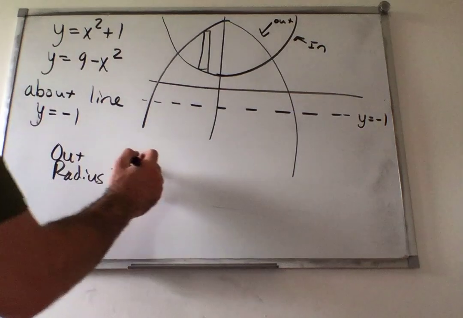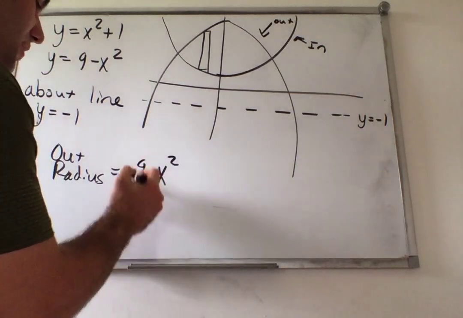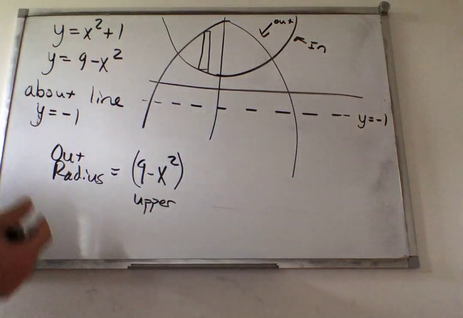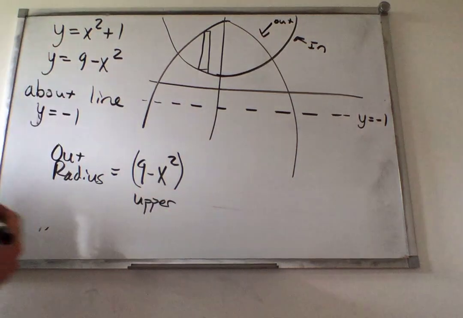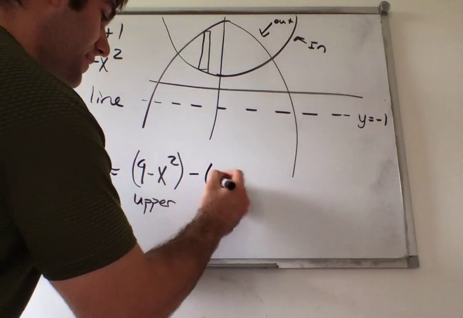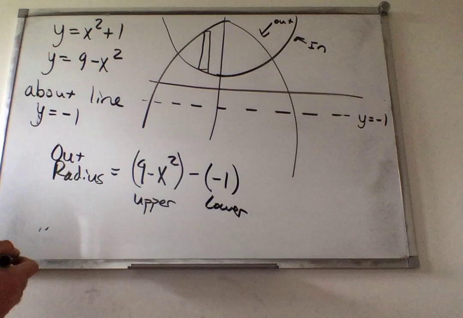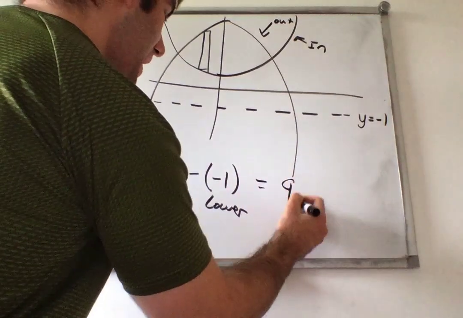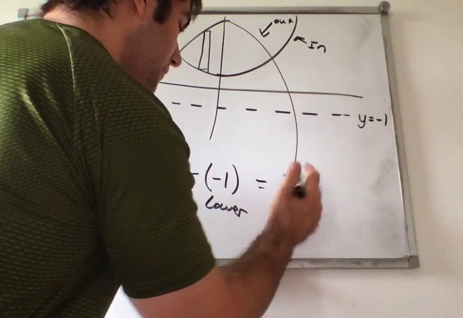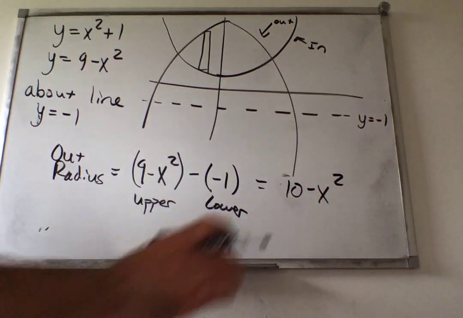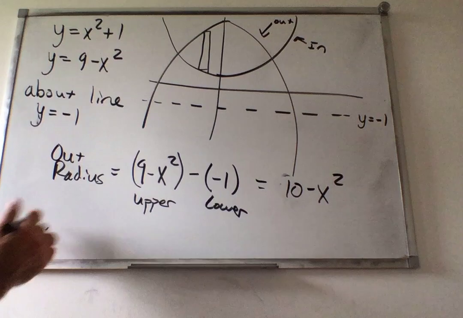So the upper curve is 9 minus x squared. Just like in 6.1, we did upper minus lower. Minus negative 1. This is the lower curve. And you're going to get 10 minus x squared. So that's our outer radius.